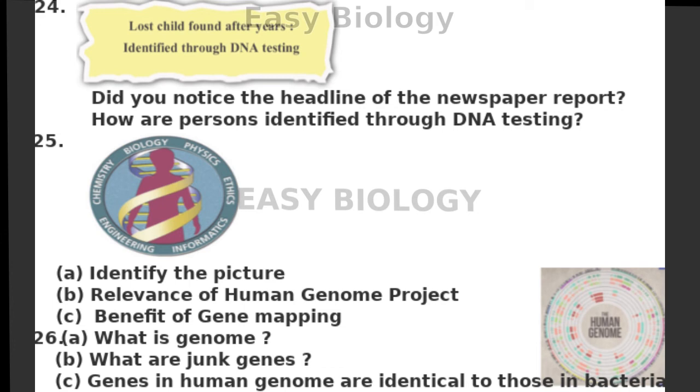Answer: Human Genome Project was started to identify the exact gene responsible for a specific trait and its location. Question 25c. Benefit of gene mapping. Answer: gene mapping helped to identify the location of a gene in the DNA responsible for a particular trait.